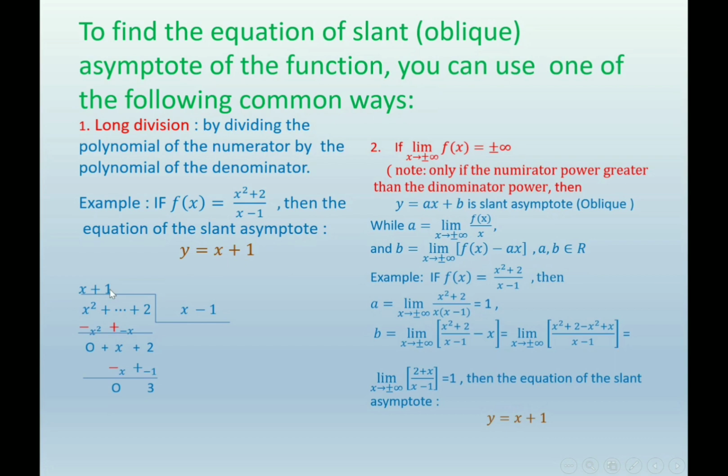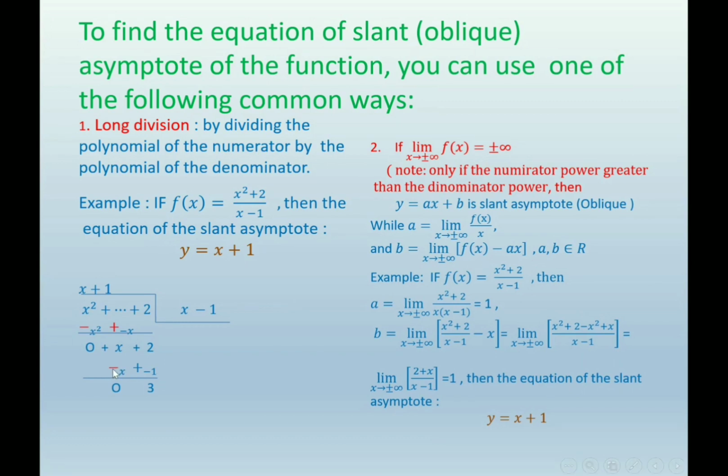The first step is done. The second is to multiply. Plus 1 multiplied by x gives plus x. Plus 1 multiplied by minus 1 is minus 1. The third step is subtracting.